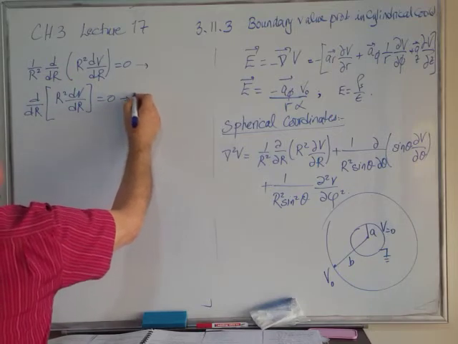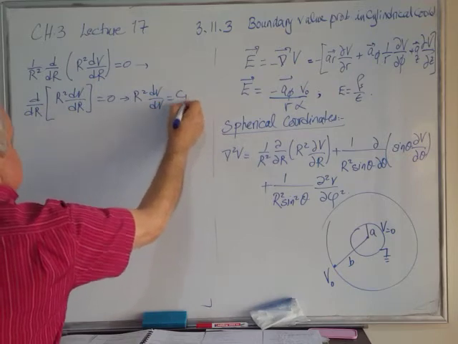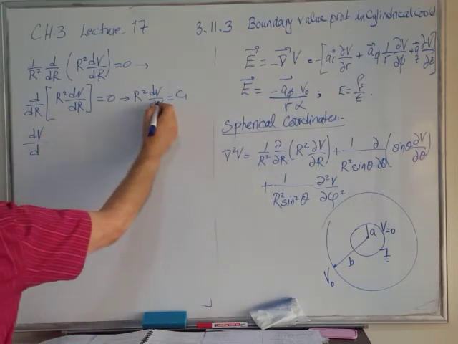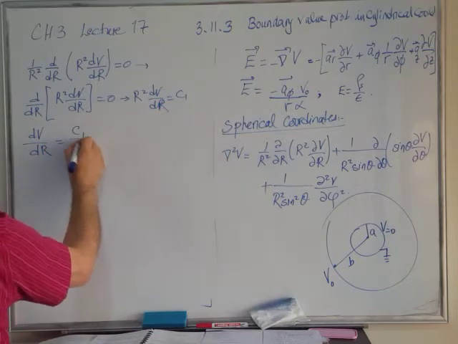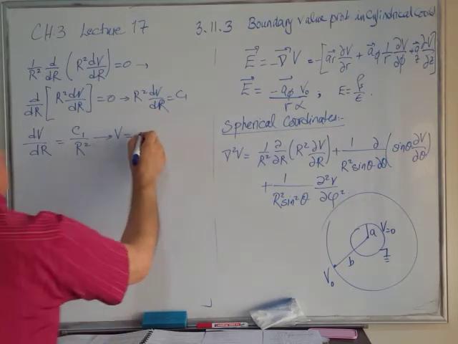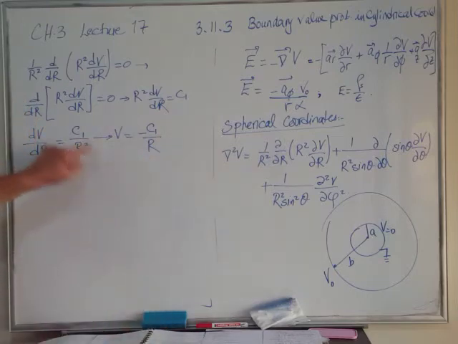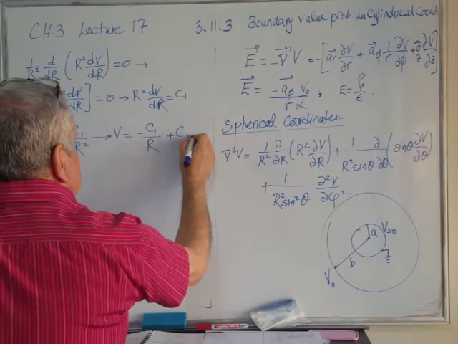It means the function itself, r squared dV by dr, is a constant. So this means dV by dr, with big R of the spherical coordinates, is c1 over r squared. This means another integral, it will be a minus c1 over r, whose derivative is c1 over r squared, plus another constant c2.